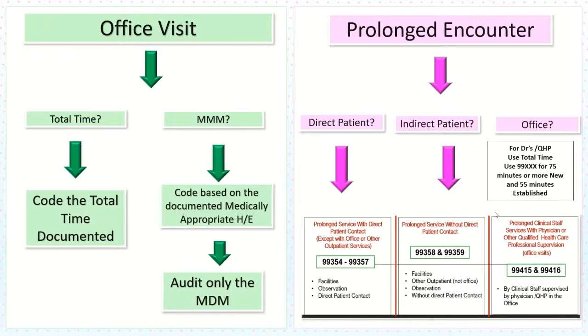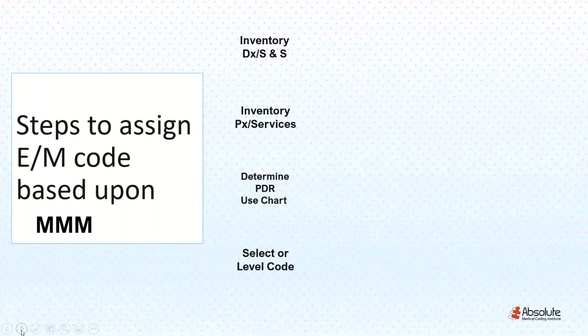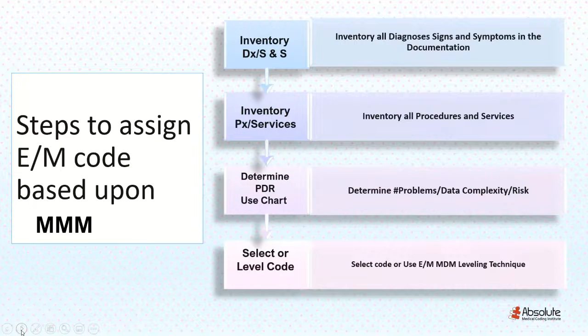Thank you so much, Mrs. J, for recapping our office visits and prolonged service encounters. Now I am going to recap our suggested steps to assigning an E&M code based upon the medically appropriate history, exam, and medical decision making. So first, we suggest that you inventory all diagnoses, signs, and symptoms in the documentation.